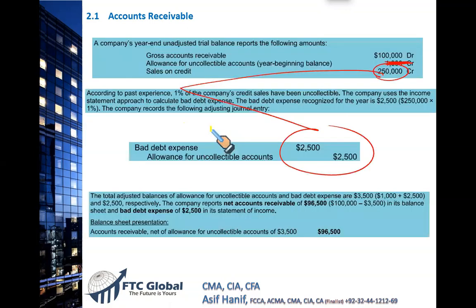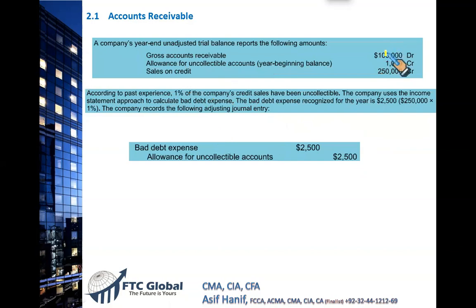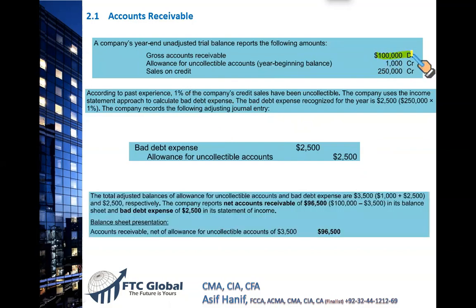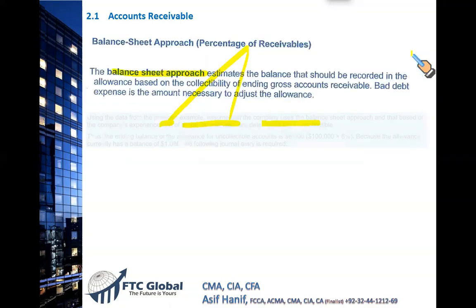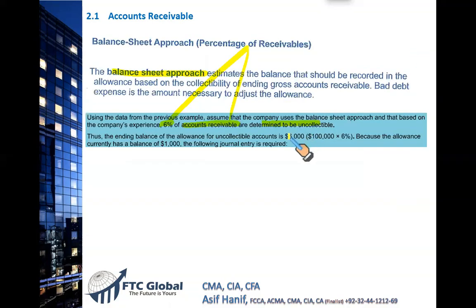What was the balance in your account receivable? Here it is, $100,000. So 6% of $100,000 is going to be 6,000. Now listen to me very carefully. This $6,000 is what we want to be the balance in our allowance for uncollectible account.